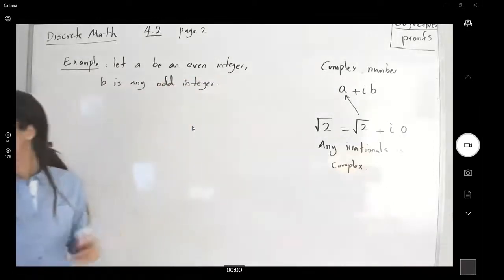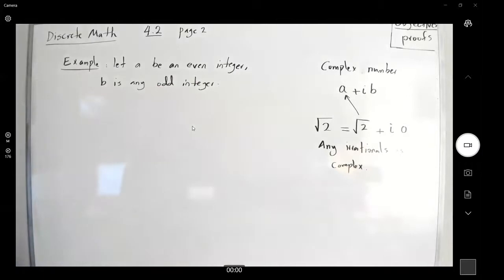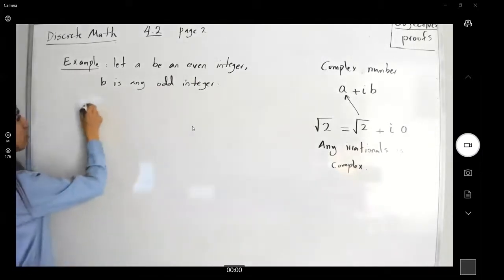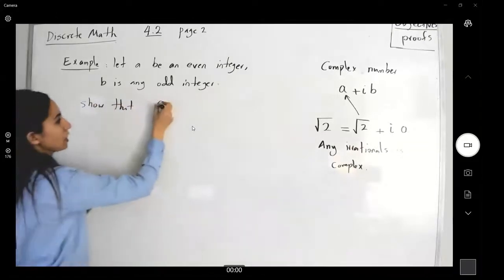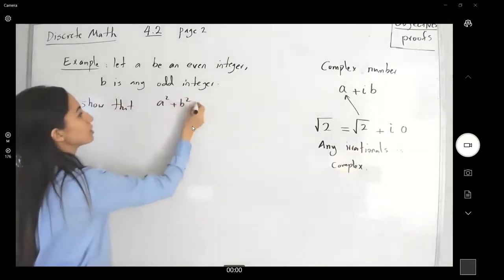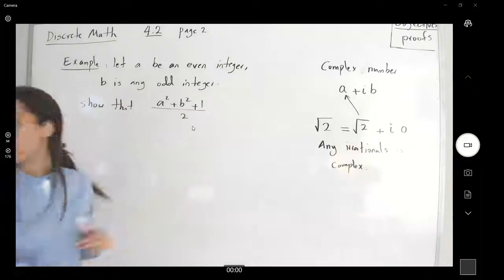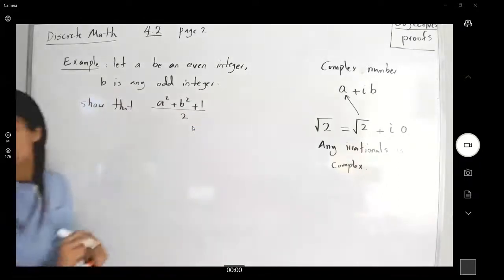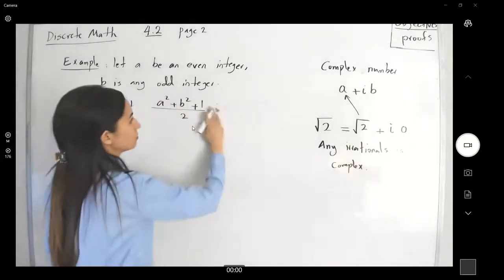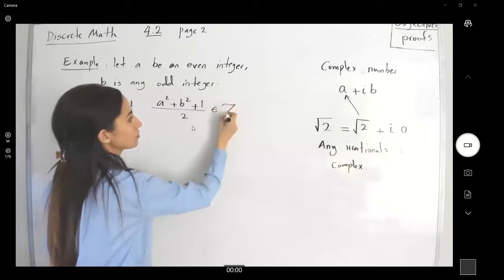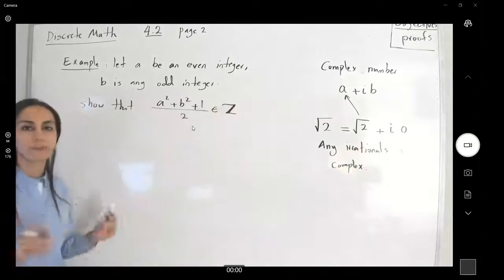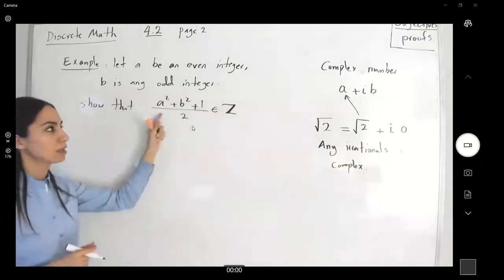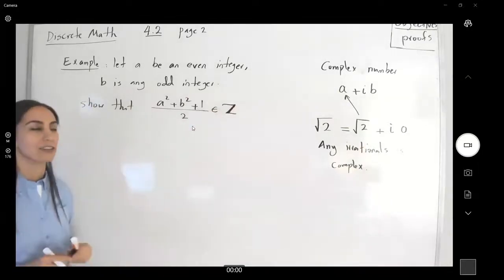The question says, show that (A squared plus B squared plus 1) divided by 2 is an integer, belongs to Z. It says for sure show that it is definitely an integer.